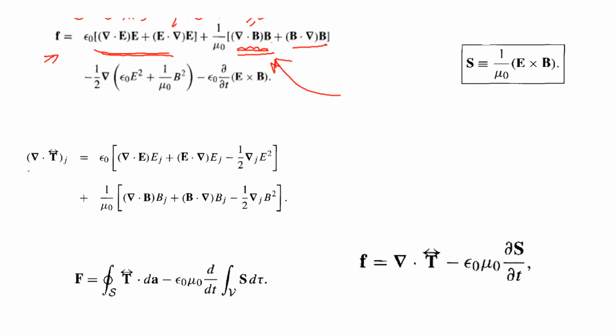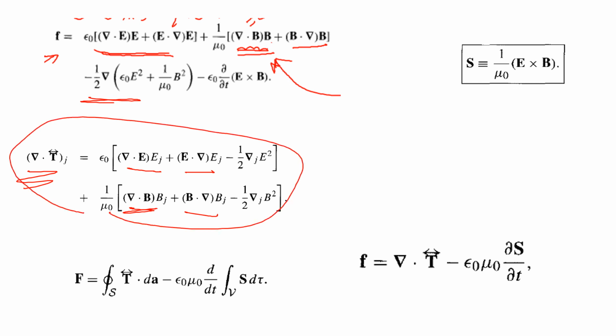So as we learned, del dot T is epsilon 0 times del dot E Ej plus E dot del Ej, minus this last term half del E square. Then plus the magnetic field term B dot del Bj minus half del B square, and we added a term del dot B to get a symmetry. Actually, del dot B will not make any difference because del dot B is 0. So this is the del dot stress tensor T.